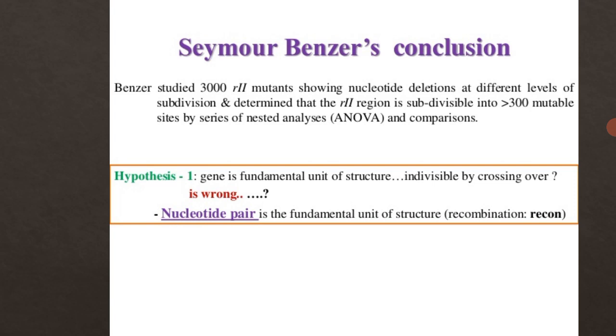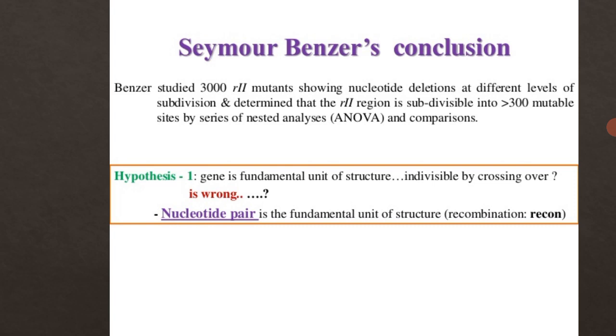And that is why the deletions will be at various subdivisions, because the region is subdivisible into more than 300 mutable sites, that is, it can mutate in more than 300 ways. Okay, and this has been tested using the ANOVA testing and the comparison with the standard results.